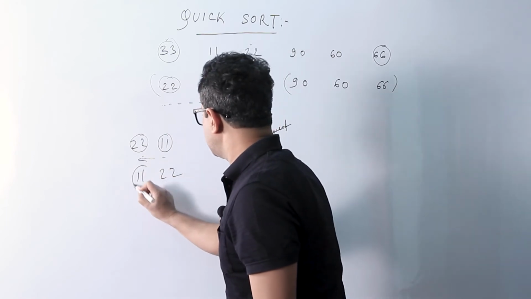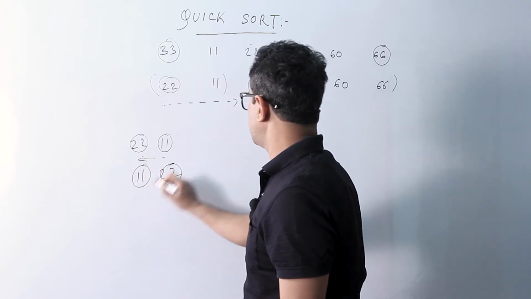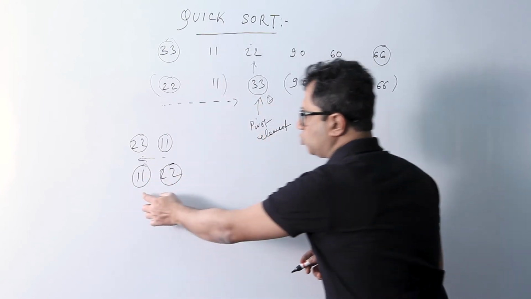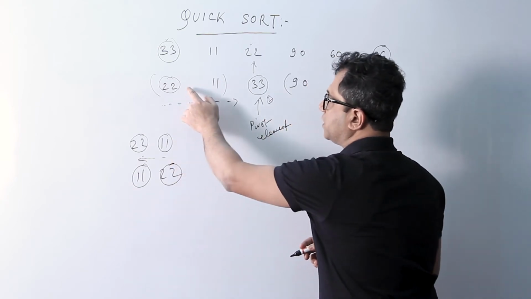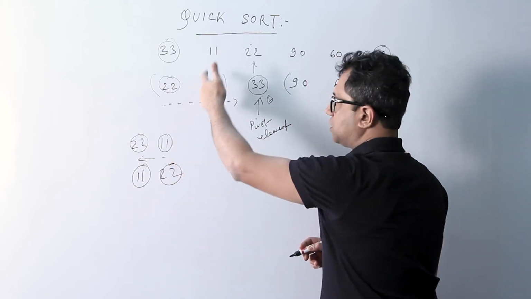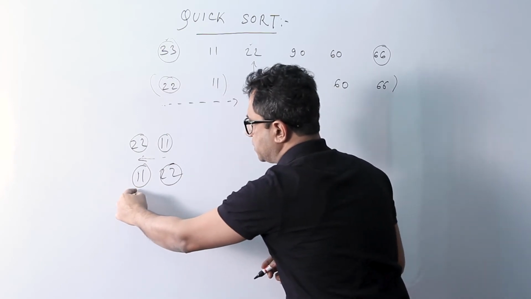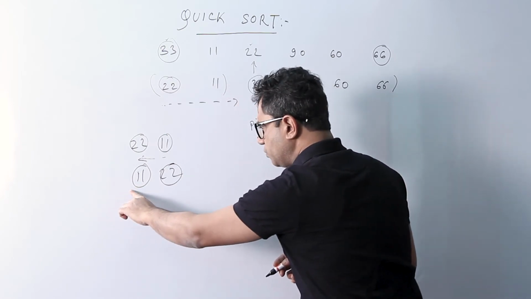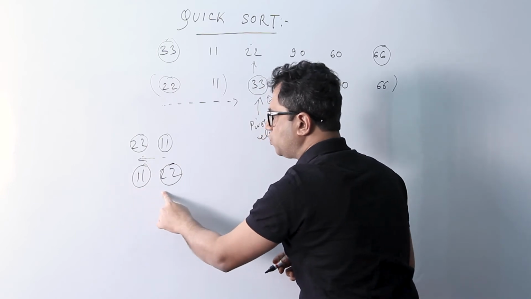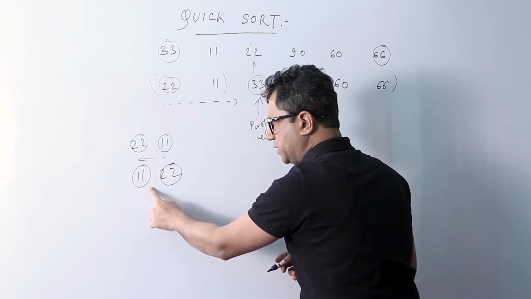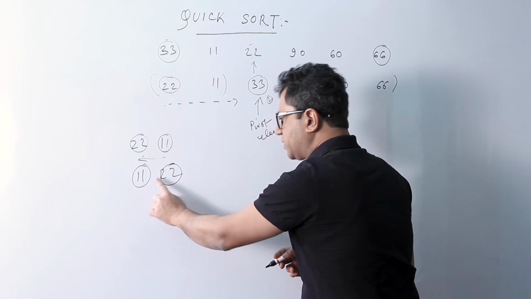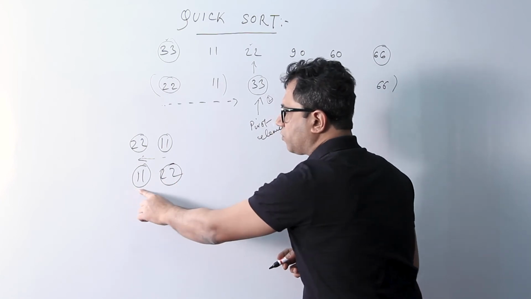Now, we will encircle this one and encircle this one, and we do the left to right scanning as has been done in the second step of the previous iteration. So, in this case we will scan from left to right and see which element is greater than 22, starting from 11.